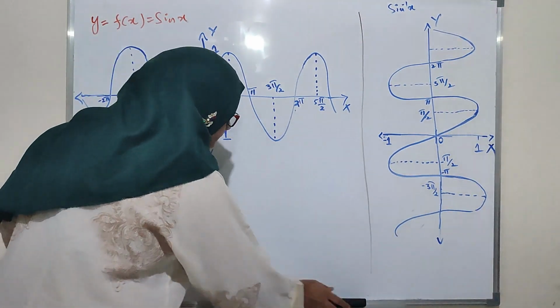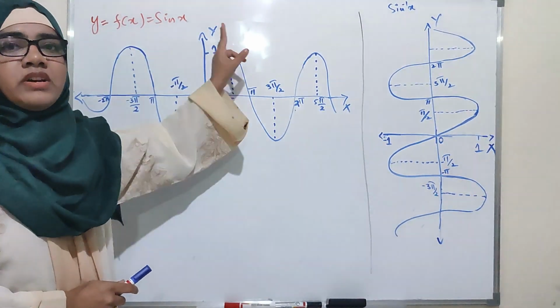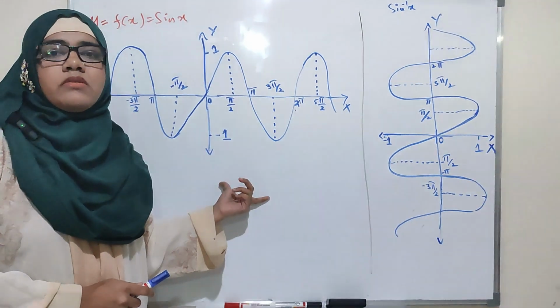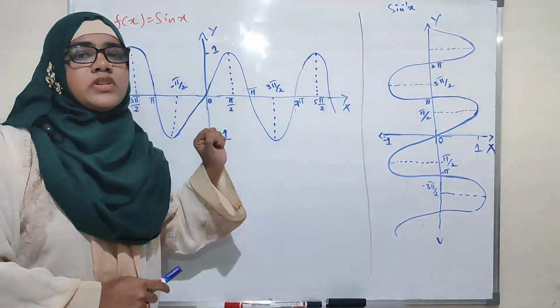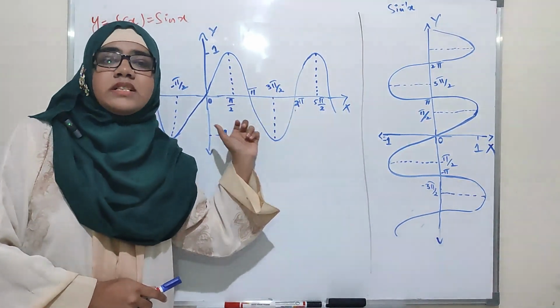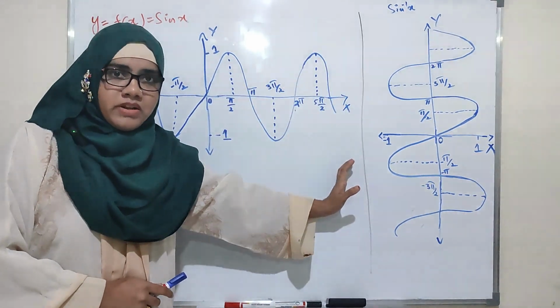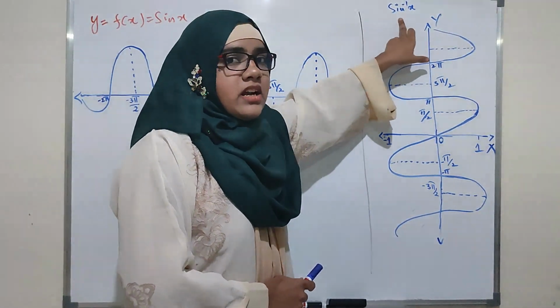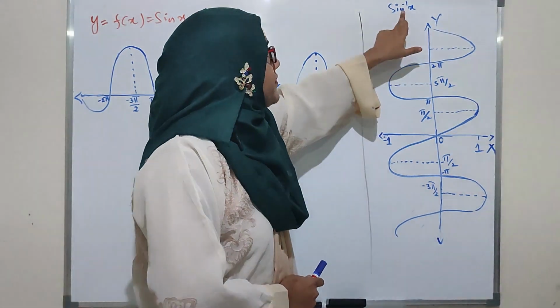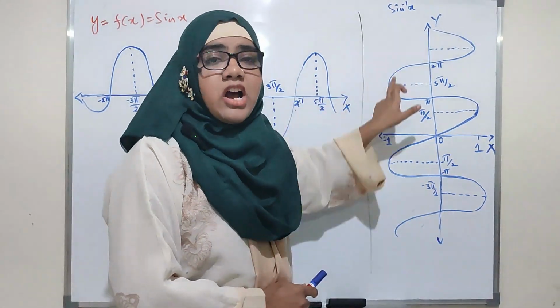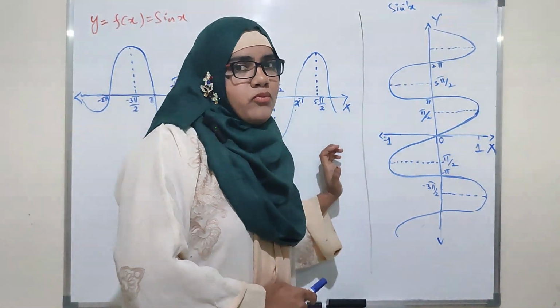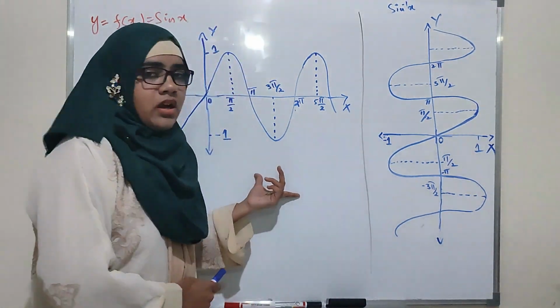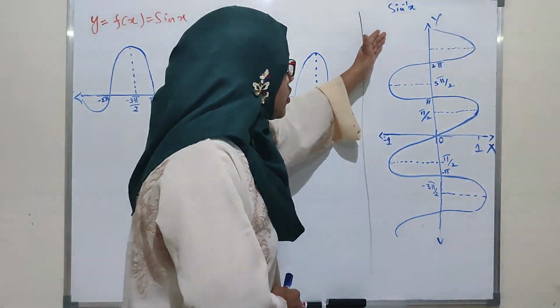To find the sine inverse of x, the function must be one-one and onto. If it is not one-one and onto, then we can't find the inverse of this function. That's why we are making some restriction to the range and domain values. Here in the second graph, this graph is the sine inverse of x graph. This graph is obtained by interchanging the values on the x and y axis.